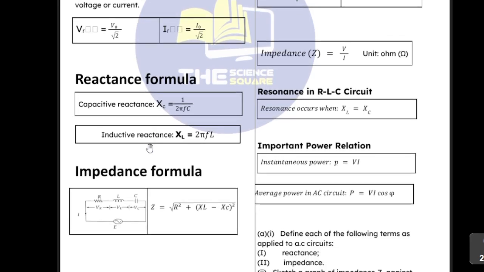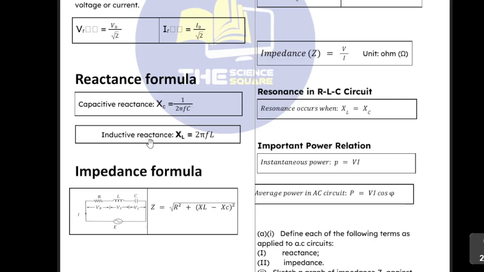Another one is the reactance formula. How do you calculate the reactance due to a capacitor and the reactance due to an inductor? Reactance due to a capacitor is denoted by Xc, which is 1 over 2 pi f C, where f is frequency and C is the capacitance of a capacitor in farad.